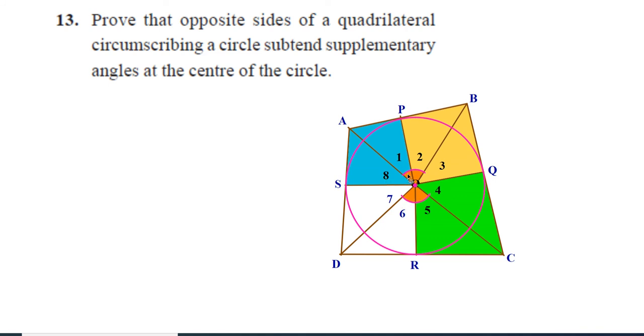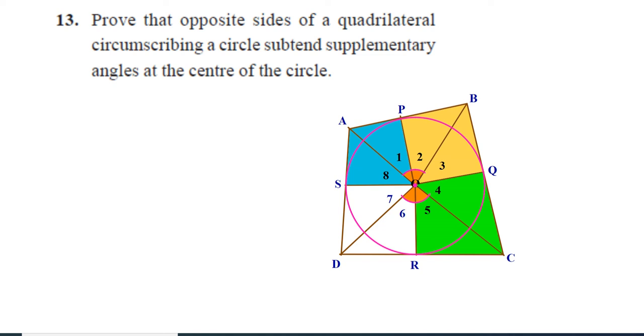Now if you divide throughout by 2, you will get angle 1 plus angle 2 plus angle 5 plus angle 6 is equal to 180 degrees. Now angle 1 plus angle 2 you can write as angle AOB, and angle 5 plus angle 6 you can write as angle COD. So angle AOB plus angle COD is equal to 180 degrees. Similarly, you can write angle BOC plus angle AOD also equal to 180 degrees.